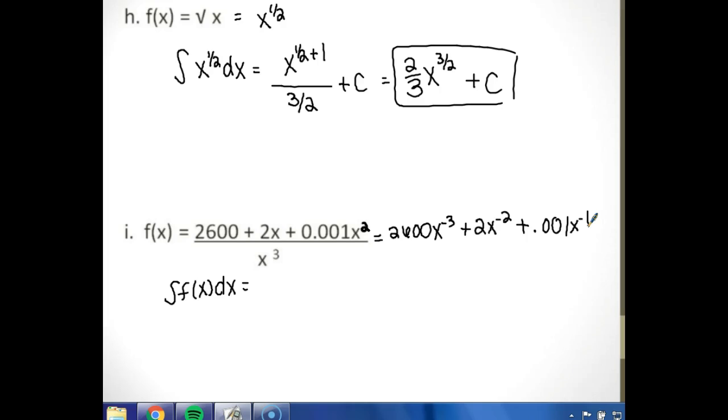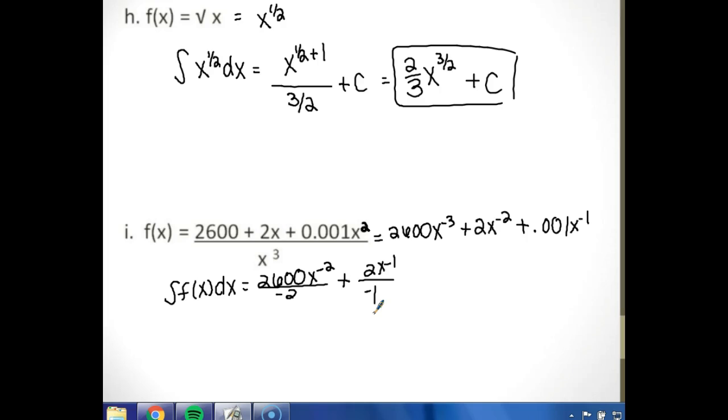Which is probably why I changed it up here. I just missed it on my notes. So, add your 1 back. So you get 2600 x to the negative 2 all over negative 2 plus 2x to the negative 1 all over negative 1. And so what I was getting at here is this is the example of the natural log, because it's like 1 over x, where this is your constant out in front.